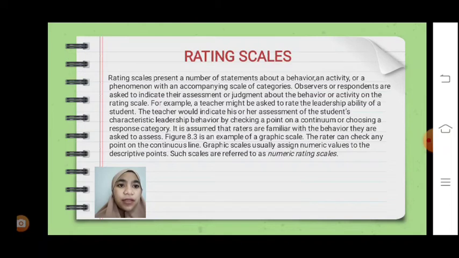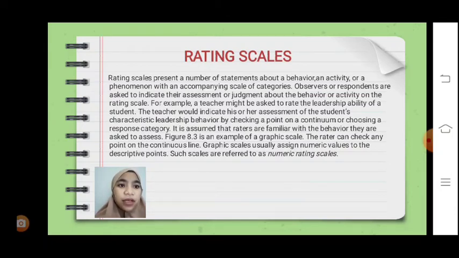For example, a teacher may be asked to rate the leadership ability of a student. The teacher would indicate his or her assessment of the student characteristic, leadership behavior, by checking a point on a continuum or choosing a response category.